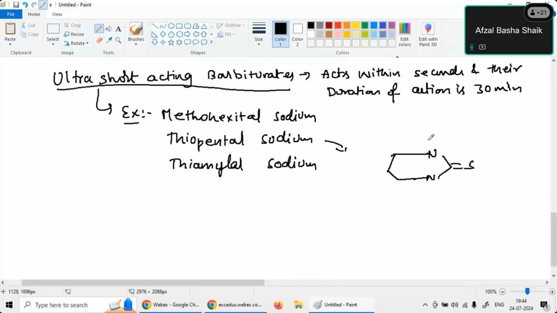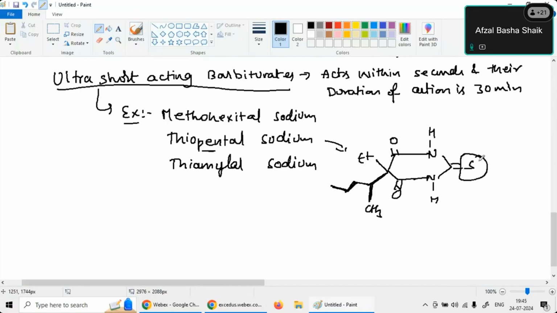It has an ethyl group, and there is a, we are calling it as what? Pental, right? How many carbon atoms are there? 1, 2, 3, 4. There is a methyl group here, 1, 2, 3, 4, 5. This is pental.